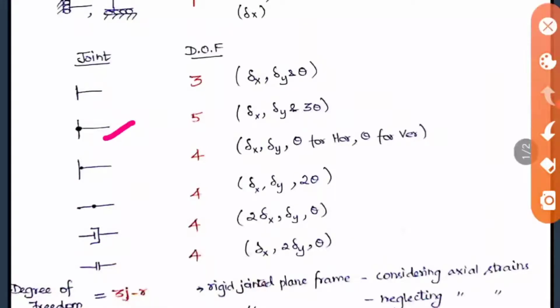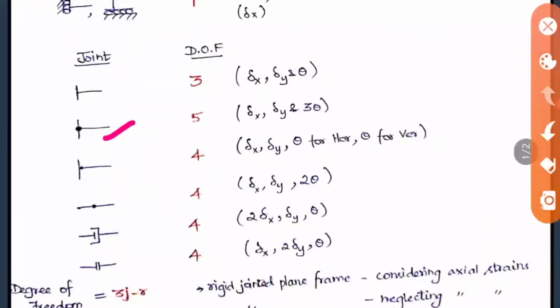And for the next type of joint it is 4, that is delta x, delta y and theta for horizontal and vertical. In the next case also it is 4, a hinge type. And the next two are also 4 only. This is all like a link, or you can call it an internal hinge in the beam.